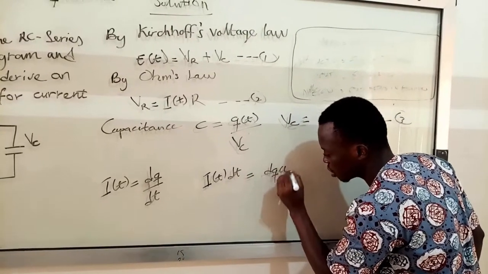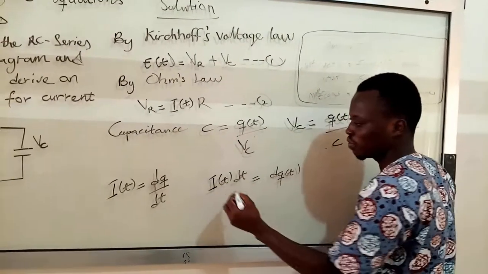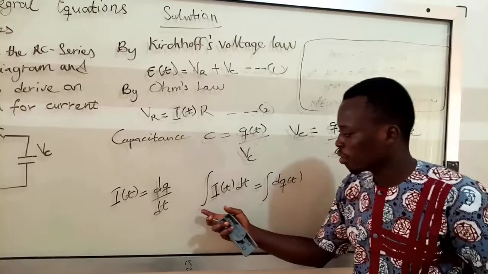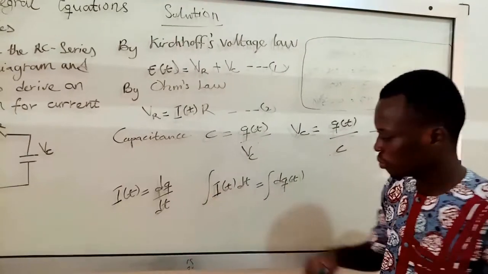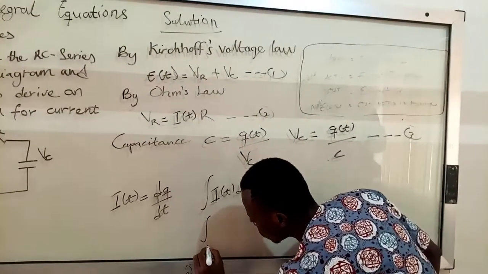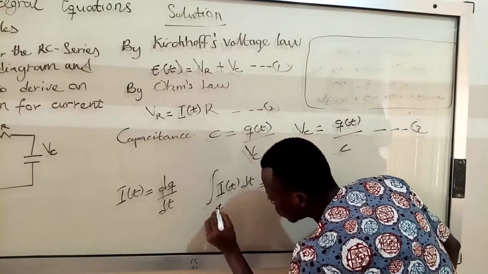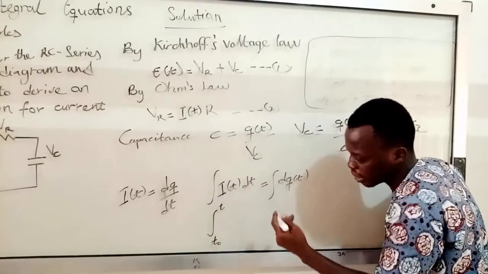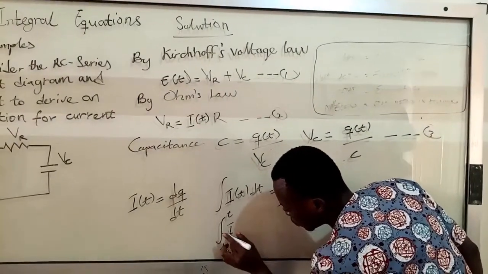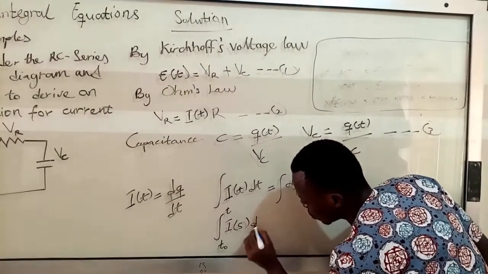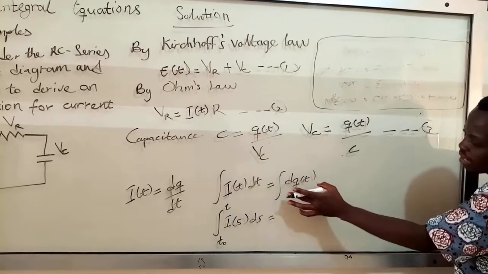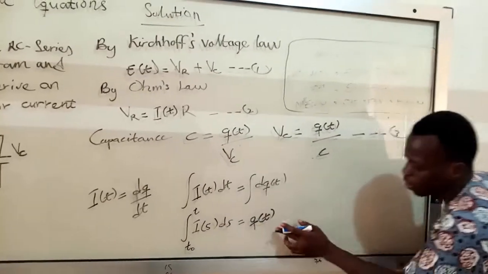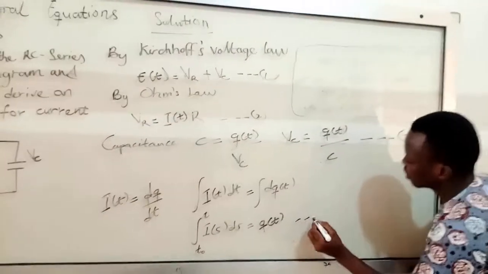Now let's integrate both sides of the equation, from t naught to a certain t. For better communication, let's change the t's here to s. So I of s ds integrated gives Q of t. So our Q of t is equal to this, and let's name it equation 4.